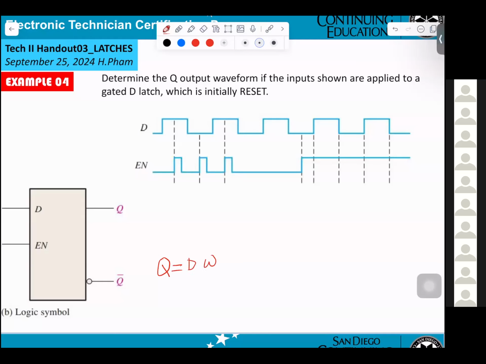Now I try D equal 1. And also they give it to you here. Q initially 0. So if you could draw Q, I know before I go here, it's 0.